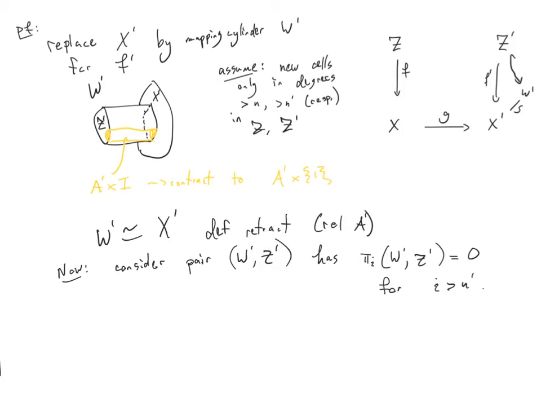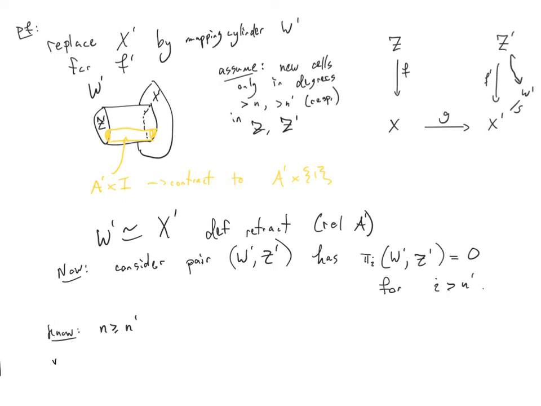So once we have this pair with many zero homotopy groups, we can use the fact that we know n has to be bigger than or equal to n prime.